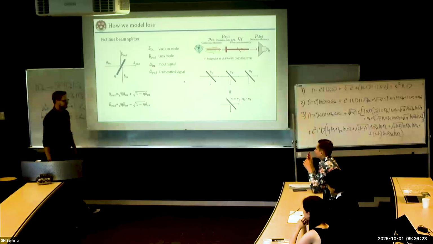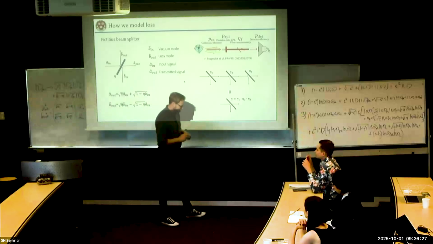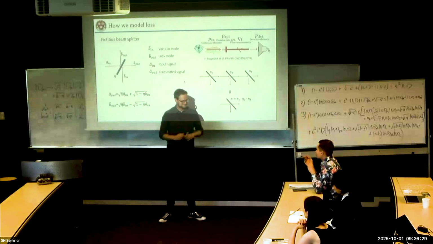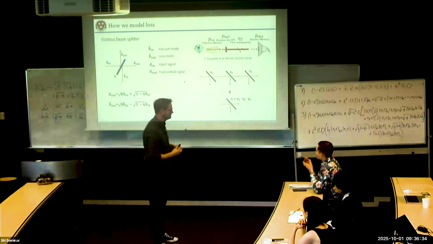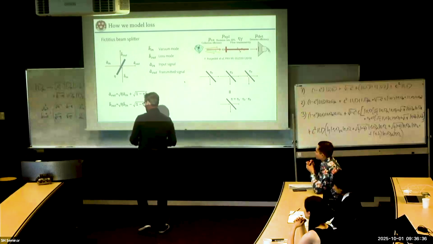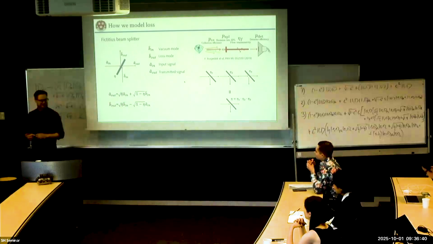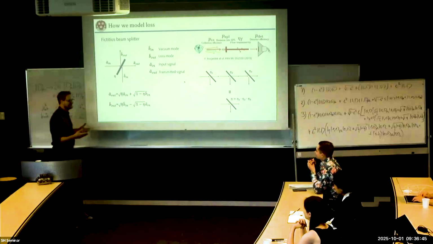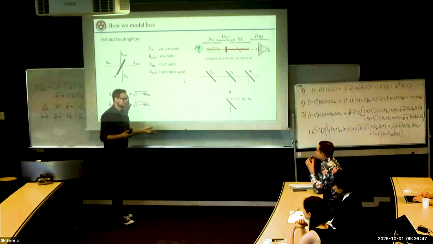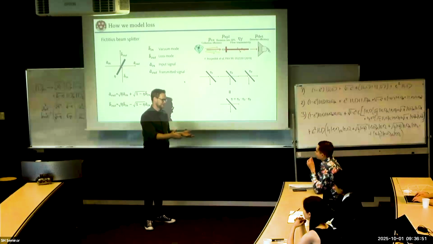Yes, I don't know how complicated the physics is in some sense, because what we're trying to model is indeed just that a photon comes and either it goes into a loss mode or it continues in the mode that you're going to collect. That's basically what we're doing.